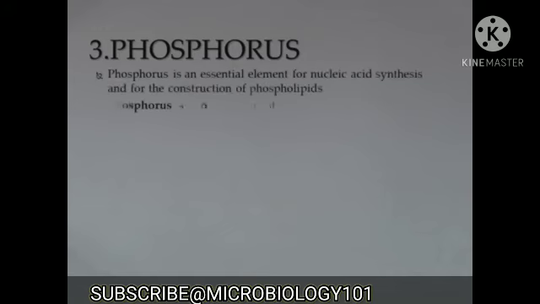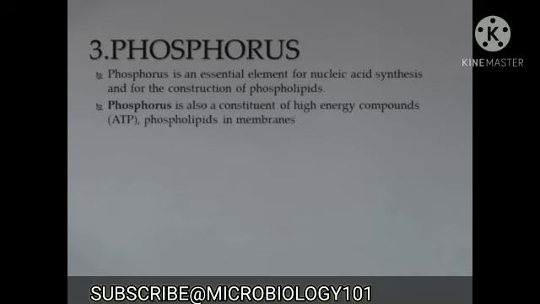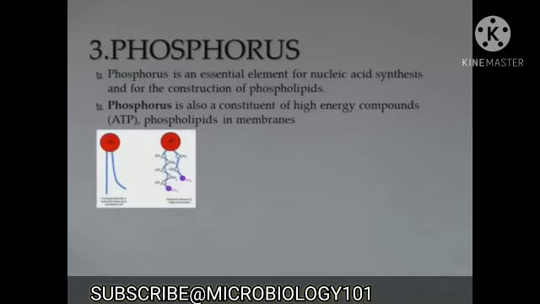Phosphorus. This is also an essential element as it is strategically placed in nucleic acid. It is synthesized for the construction of phospholipid. Phospholipid is a very important lipid found in the membrane of all bacteria.